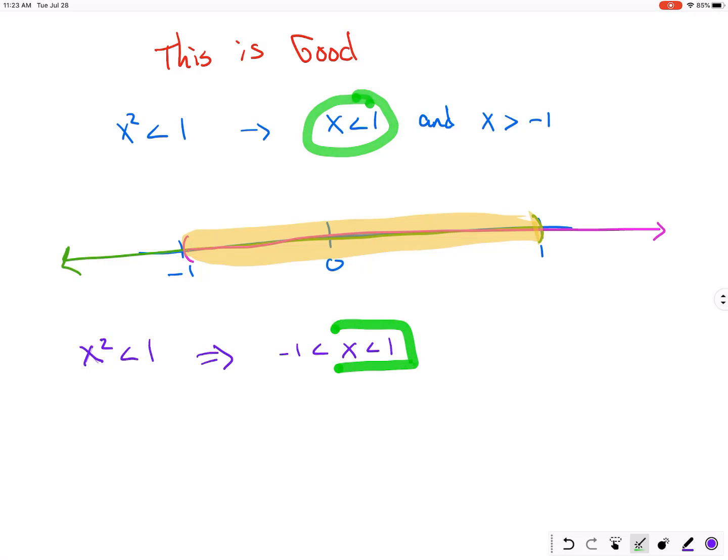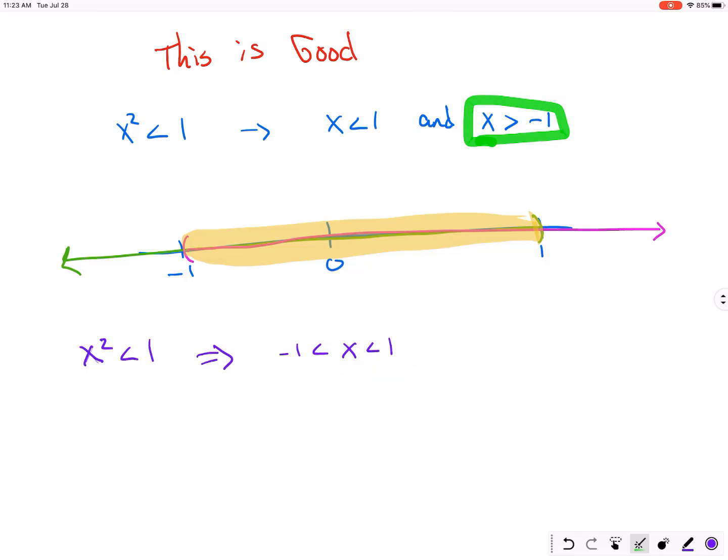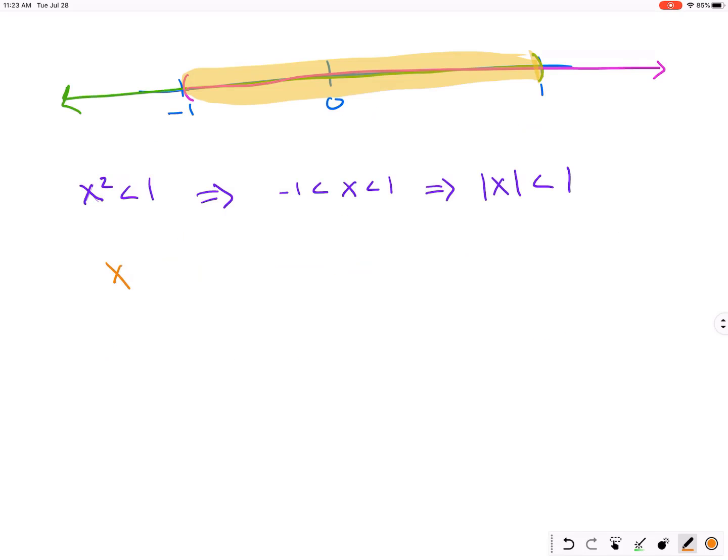So x is less than 1, that's this part, and x is bigger than negative 1, that's that part. And this, by definition, is the absolute value of x less than 1. So that means, mathematically speaking, that x squared less than 1 is mathematically equivalent to saying the absolute value of x is less than 1.